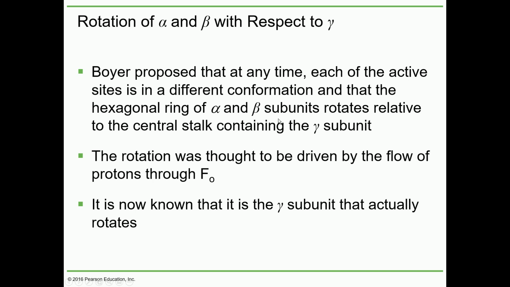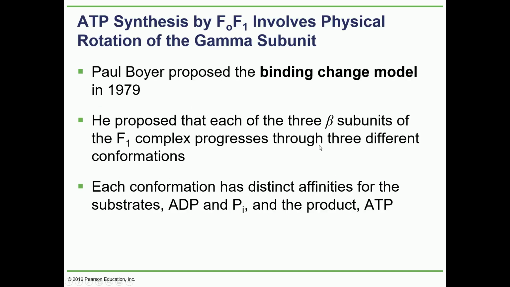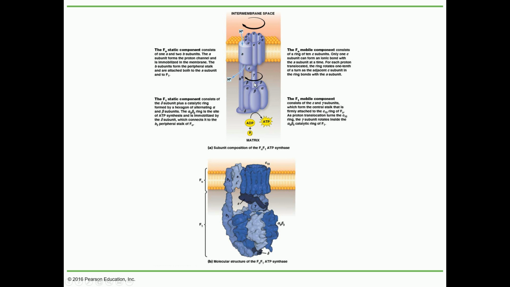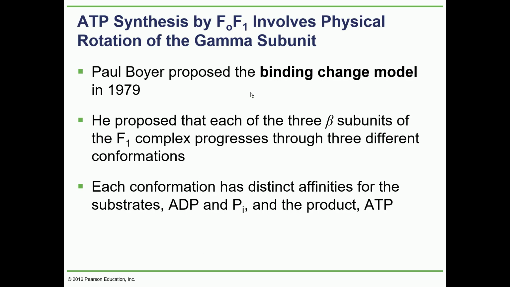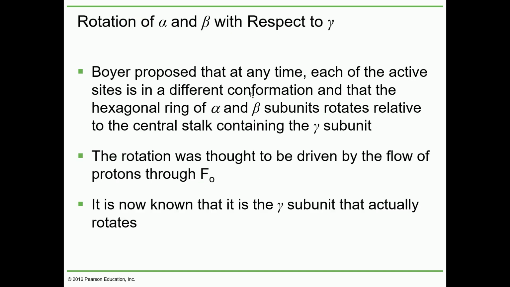So Boyer proposed that at any time each of the active sites is in a different conformation, and that the hexagonal ring of alpha and beta subunits rotates relative to the center stalk containing the gamma subunit. As I just showed you, this moves and it makes this catalytic knob move, and as a result of that, ATP is produced, and I'm going to talk about that right now.